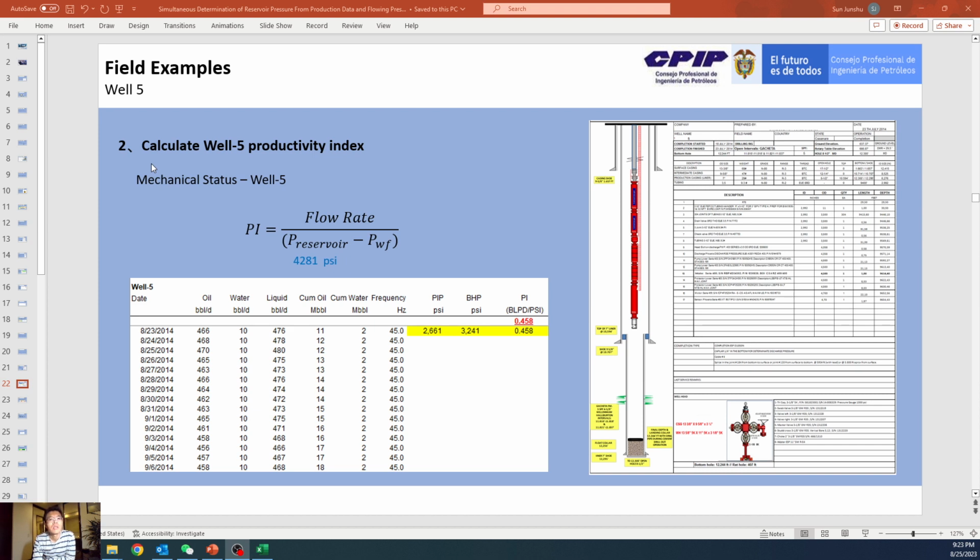Calculate productivity. The productivity index equals flowing rate divided by the delta P between reservoir pressure and the flowing pressure. Here the initial pressure we are using is 4,281 psi.